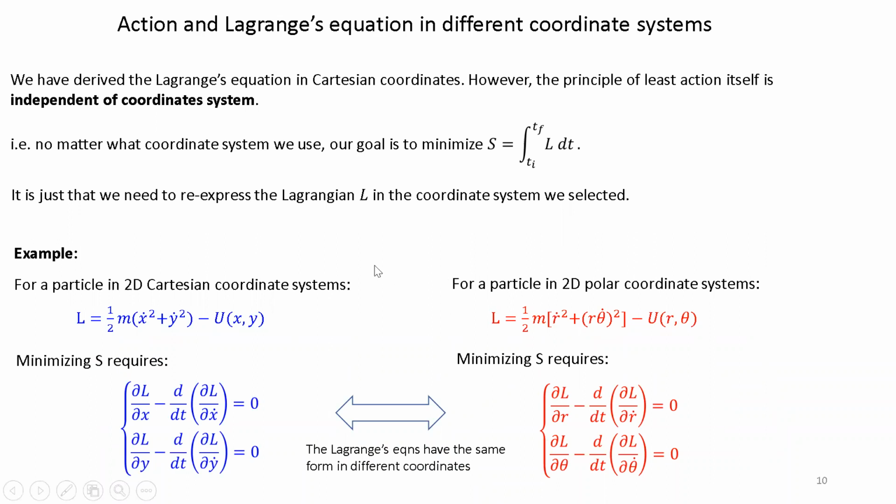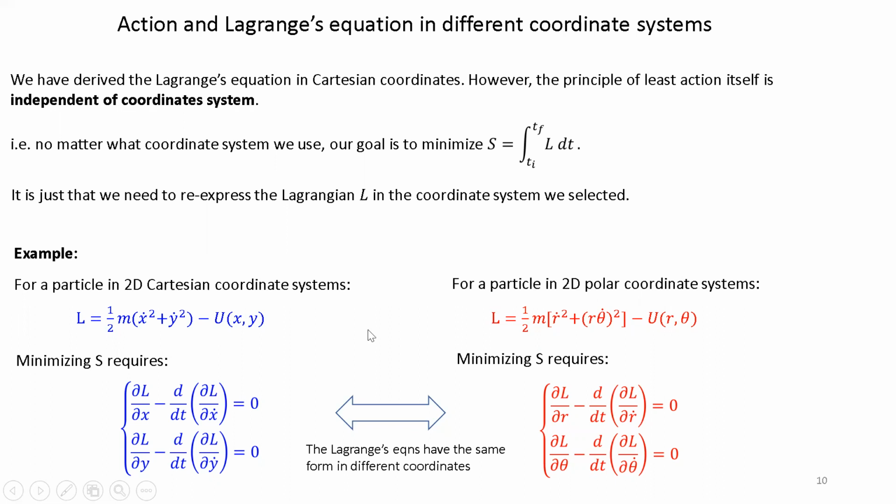Okay. So again, if I have this particle in 2D coordinates, first of all, of course, when you write down the kinetic energy and potential energy, the form will be different, because the x dot and the y dot have to be converted into the derivatives in the polar coordinate system. But regardless, L is just KE minus PE, right?